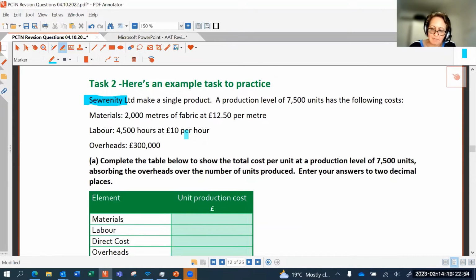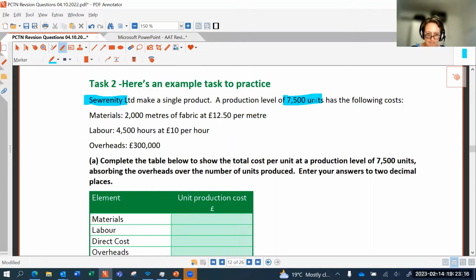A production level of 7,500 units has the following costs. I'm going to guess from their name that maybe they sew things. I'm going to pretend that they make teddy bears. Let's imagine they produce teddy bears. It's a single product. And they're producing 7,500 teddy bears in this particular period.